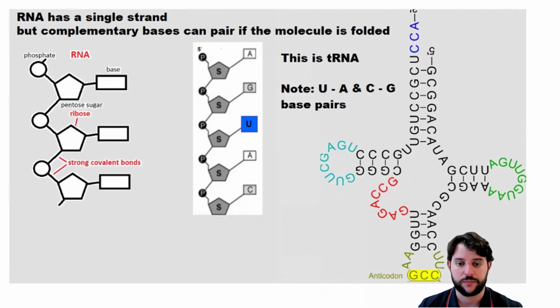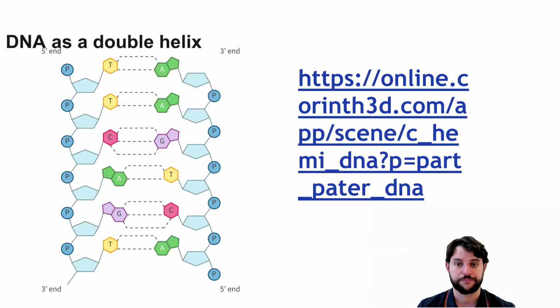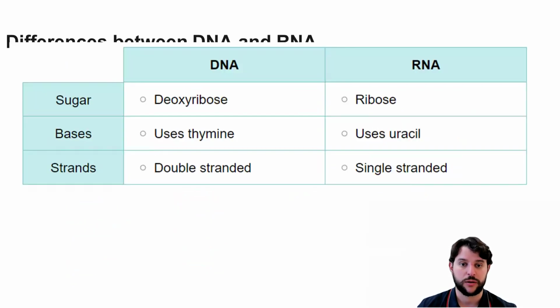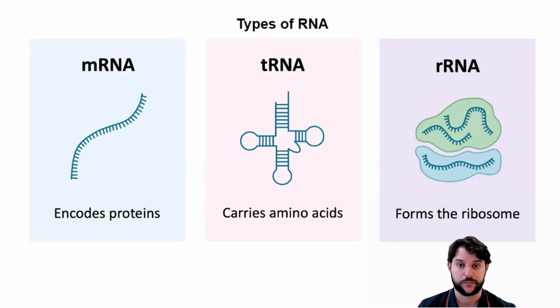This is what differs the RNA from DNA. The RNA can form a double helix depending on some structures, but it's more common to form loops and pairs, not actually a stable double helix as the DNA. Just to recall, DNA is deoxyribose, has thymine, and is double strand. RNA is a ribose, uses uracil, and is typically single strand.